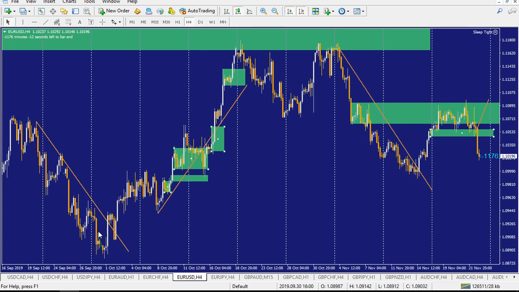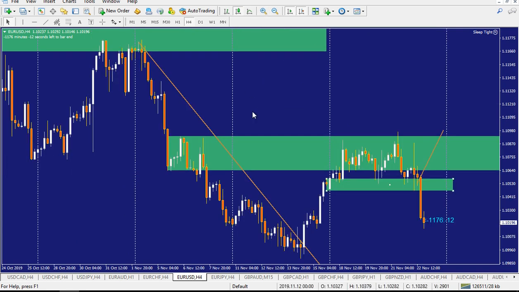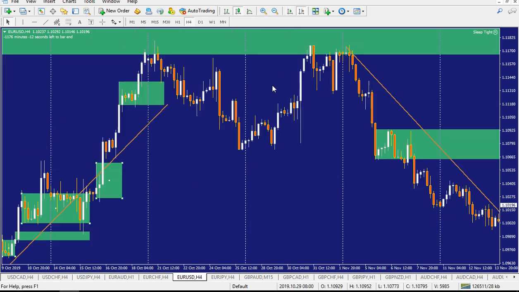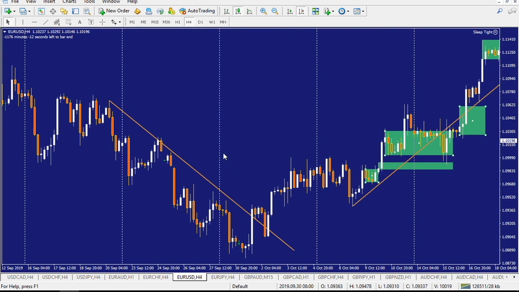Okay, where is the last stop for the sellers? Let me just zoom in so you can see this properly. The last zone for the sellers was this zone here, this area.